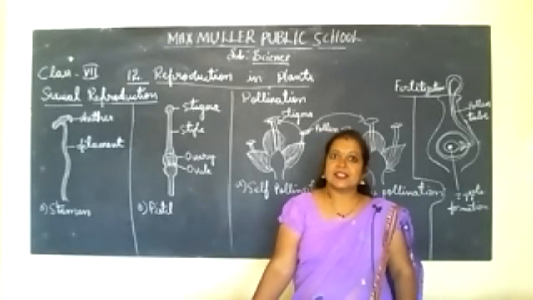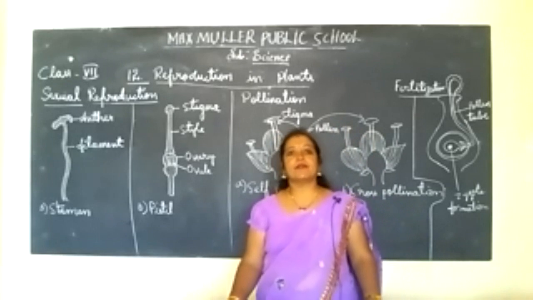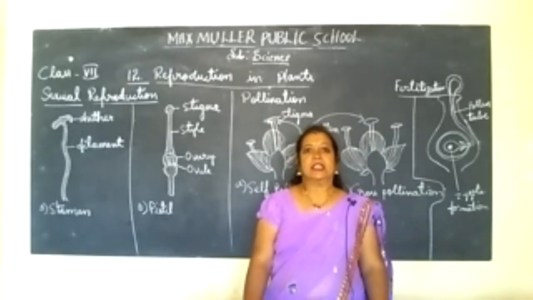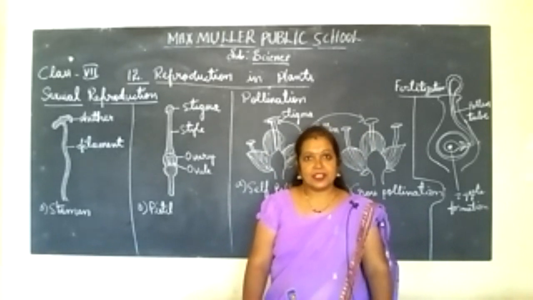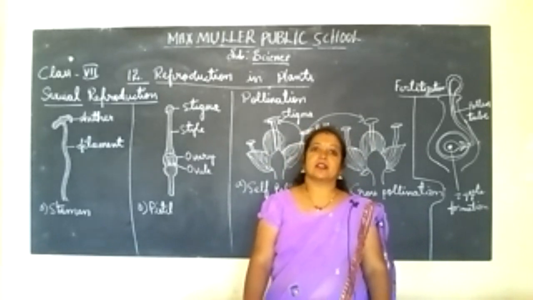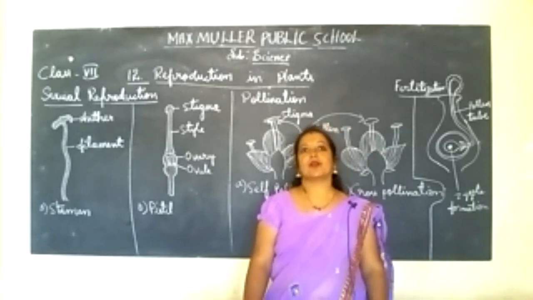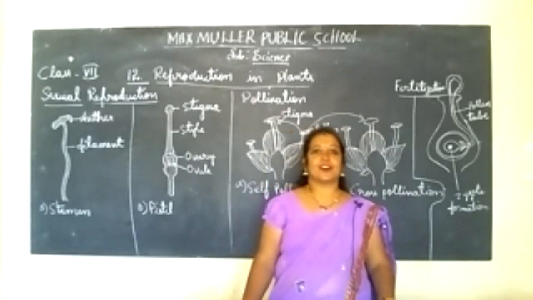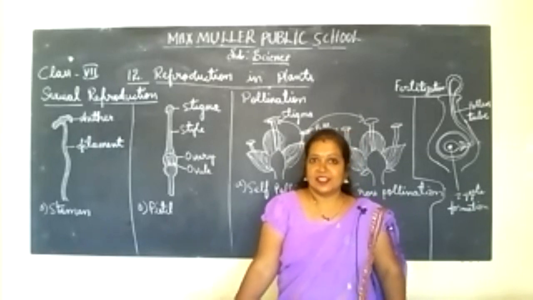In the last class I did the other method of asexual reproduction, that is the budding method. Budding is the second method, fragmentation the third, and spore formation the fourth. Like that, I explained all four in detail along with the diagram. What is budding, what is spore formation, all that is there in the question answers.